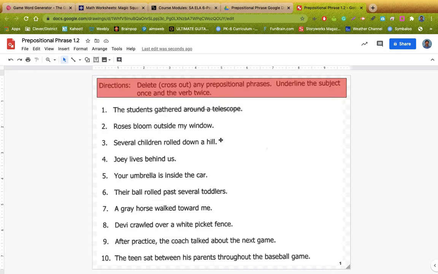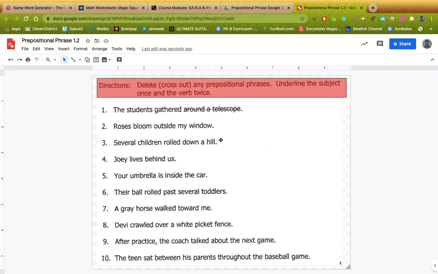So, what we have started with is we have identified the prepositions. Anybody can do this. Somebody gives you a list like I've given you. You look at a sentence and you look at your list. You say, oh, that's a preposition. Click on it, cross it out, whatever you've been asked to do. Anybody can do that. And then the next step was, let's cross out the prepositional phrases.